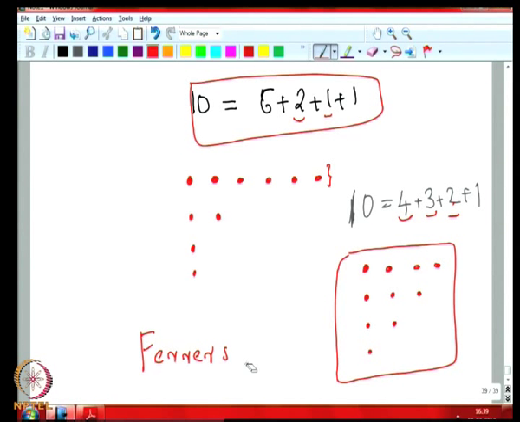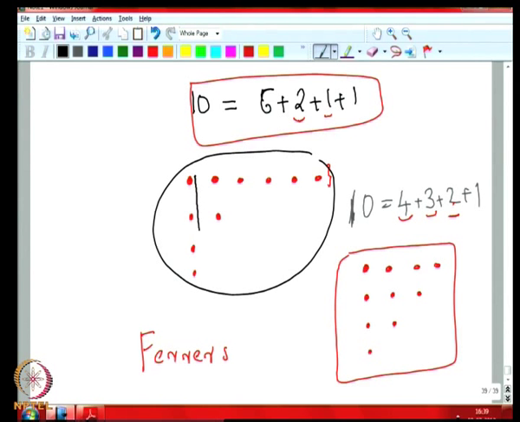Now what is the conjugate of a Ferrers diagram? Given a Ferrers diagram, you could read it like this: this is the first row, this is the second row, this is the third row, fourth row, fifth row, sixth row.